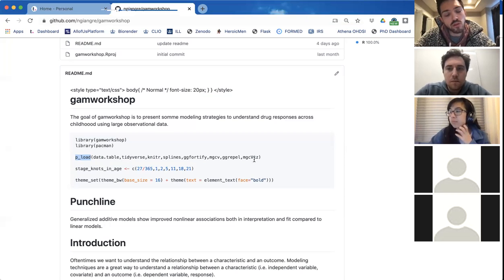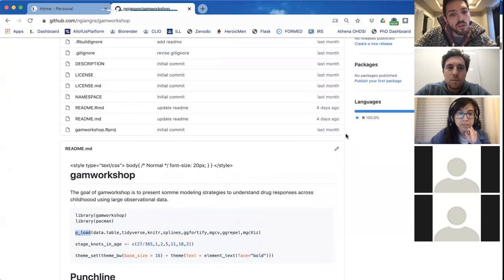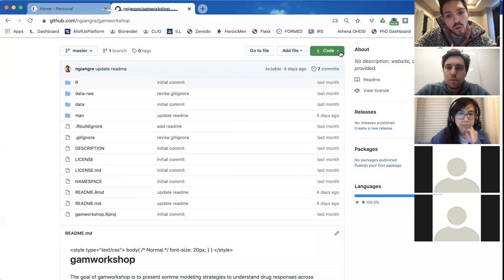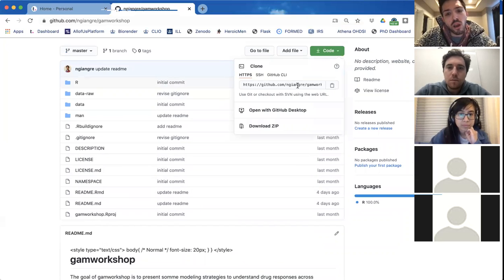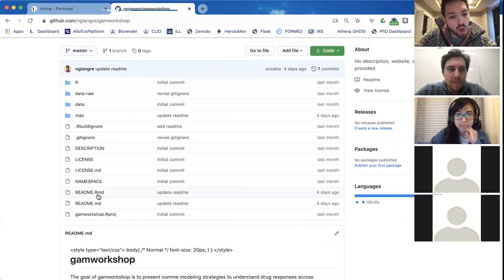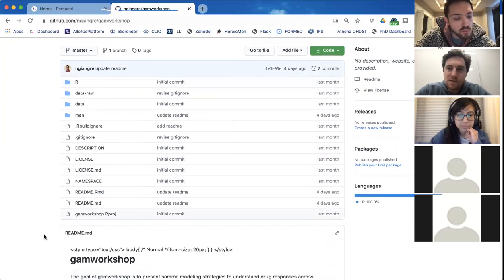So I have a bunch of these libraries that I'm using today. I'm not gonna open this in RStudio and go live coding. But if you want to, you can just clone the repo by copying the link and doing a git clone. Then open the notebook README.